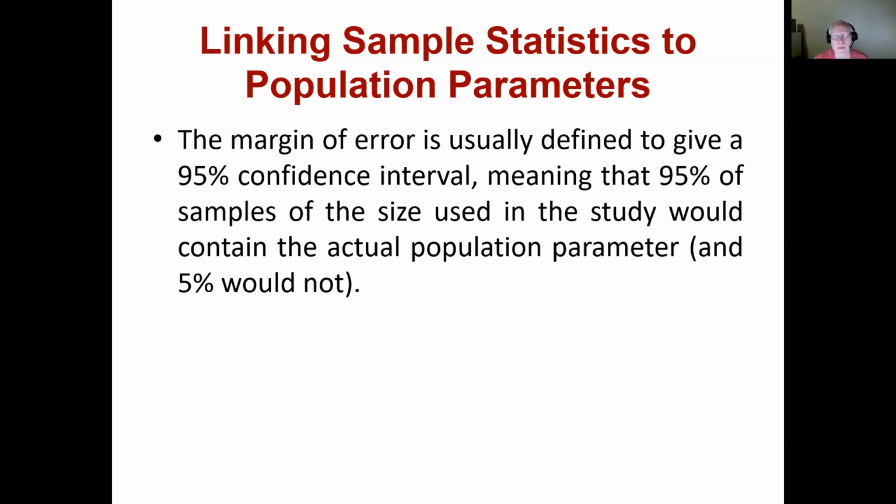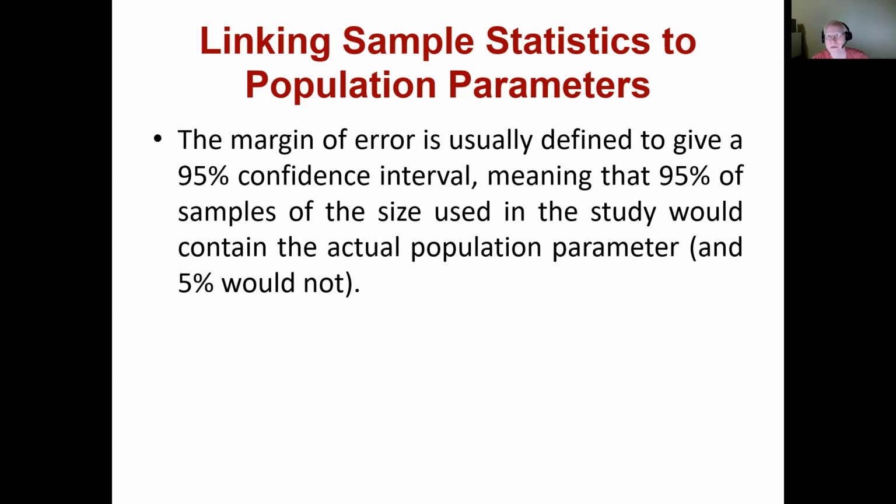so we surveyed 1,000 people and we found 70% said this. If we did a sample of 1,000 people, 1,000 different people, and we calculated the confidence interval for each of them, one might have 70% agreed, one might be 67% agreed, one might be 71%, one might be 69%, one might be 71.2%.